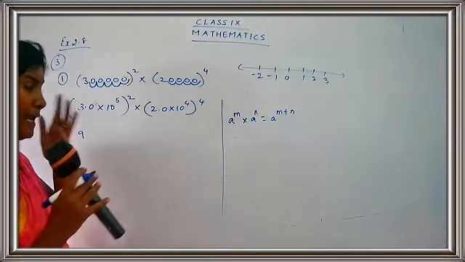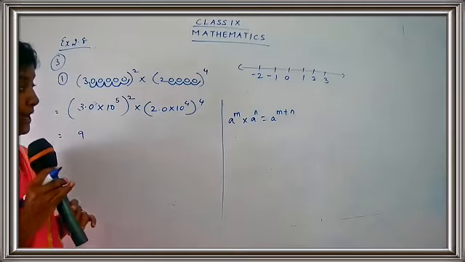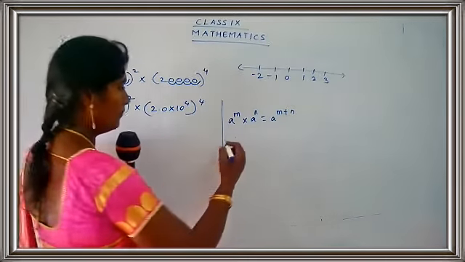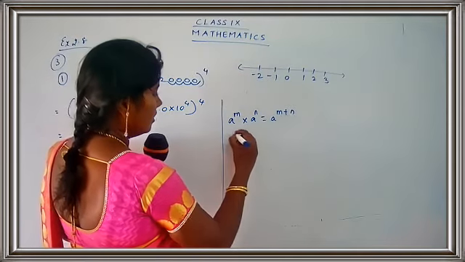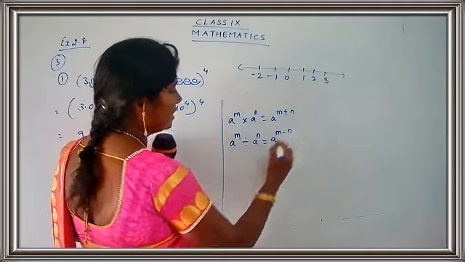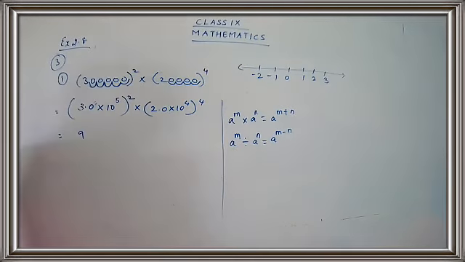This is the law for addition. And the second one, a raised to m divided by a raised to n is equal to a raised to m minus n.